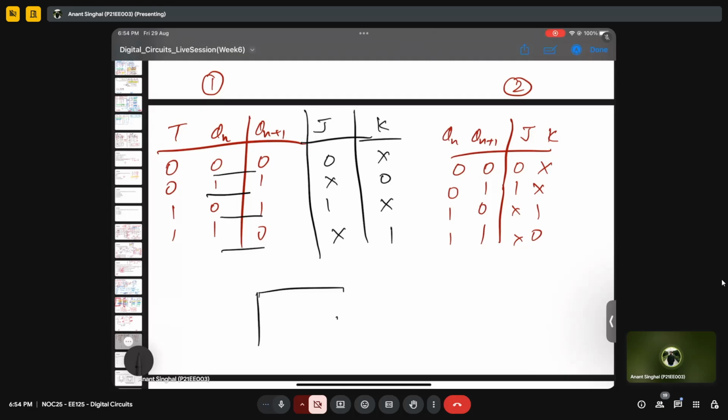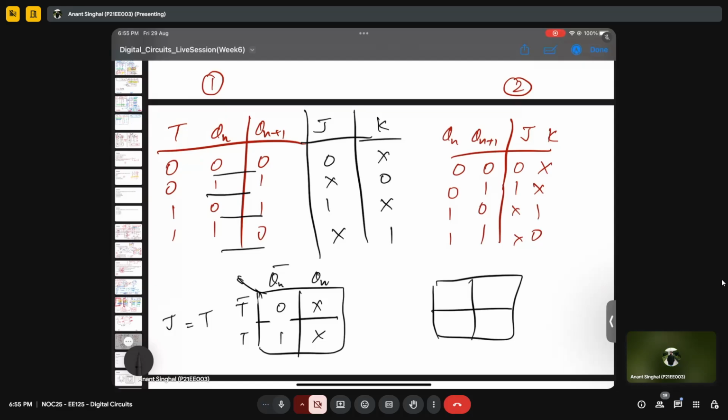So now we need to write what is happening. T bar, T, Qn bar, Qn. So this is basically 0x, 1x. So J is basically equal to T. Similarly, K is x0, x1, which is again equal to T.